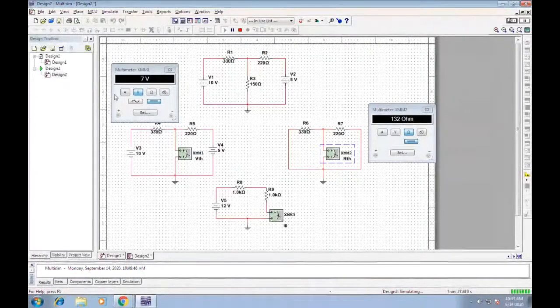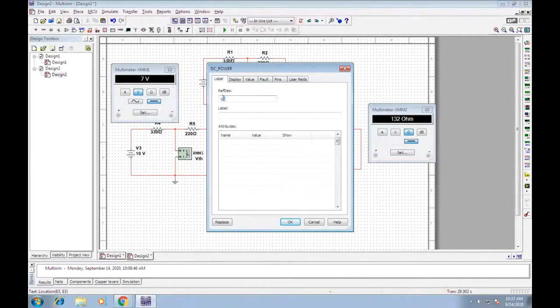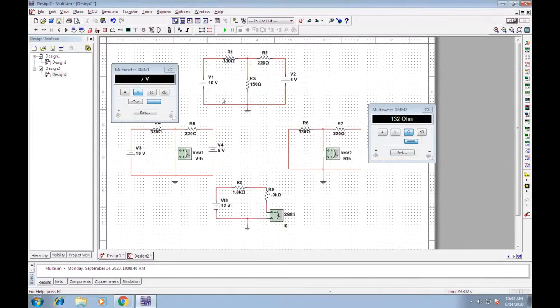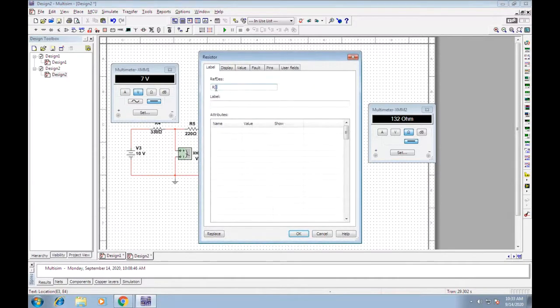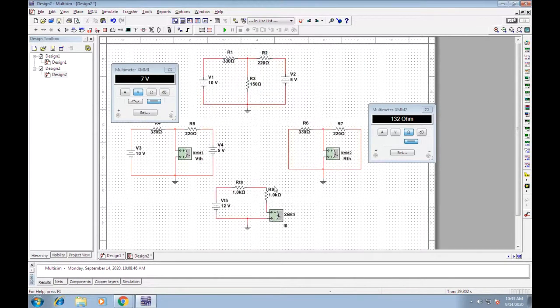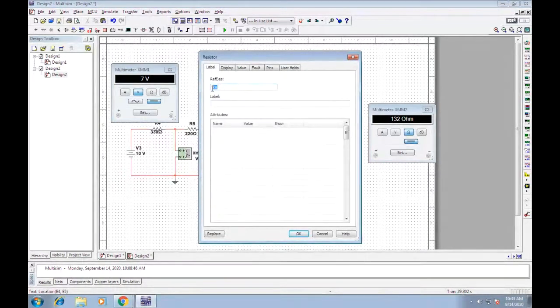So this is initial. Change the label, it is VThevenin. This should be VThevenin, and change the label for this, it should be RThevenin. And this label will be RL.